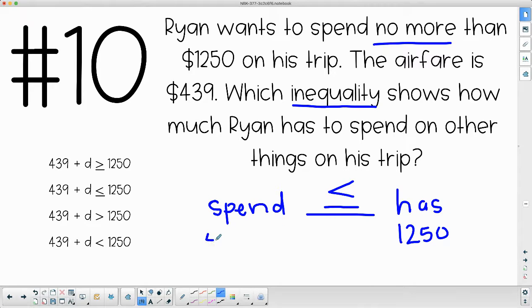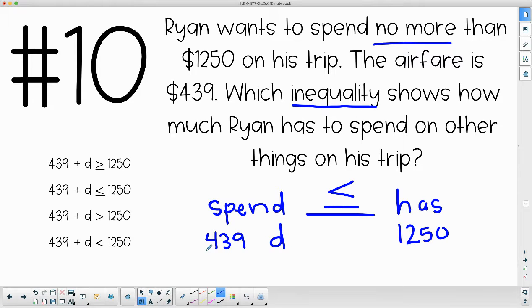So I know he's going to spend $439 on his airfare, which is less than what he has. That sounds good. And it wants to know how much can he spend on other things on his trip. Looks like we're using D as our inequality.